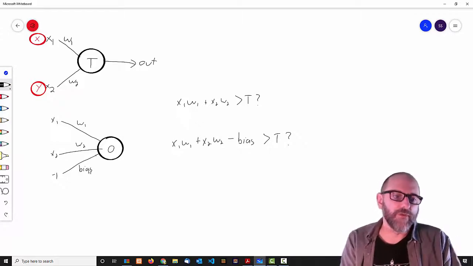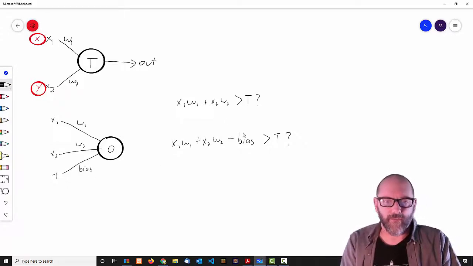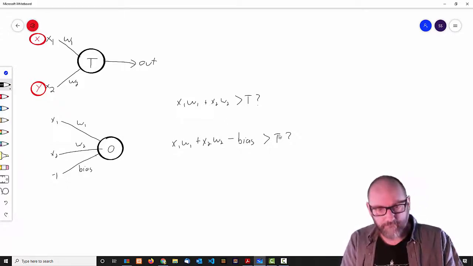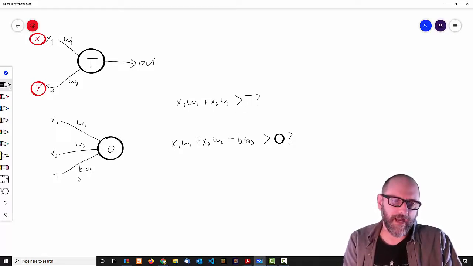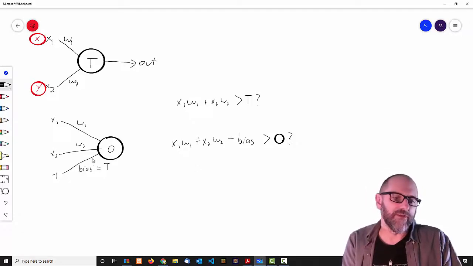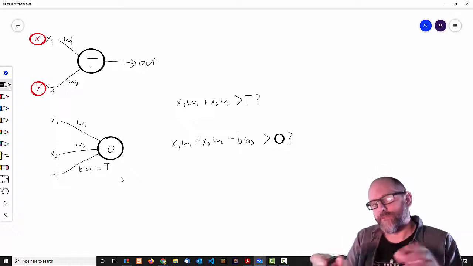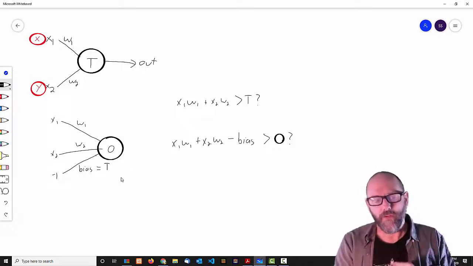And then you move the bias up and down along with the other weights, greater than 0. So all they've done is rearrange the equation. They've moved the threshold to the other side, so the bias is actually the threshold. And then you move this weight up and down along with the other weights by multiplying -1 times the weight times the learning rate, and it becomes a little more seamless because you can just adjust all the weights in one shot.